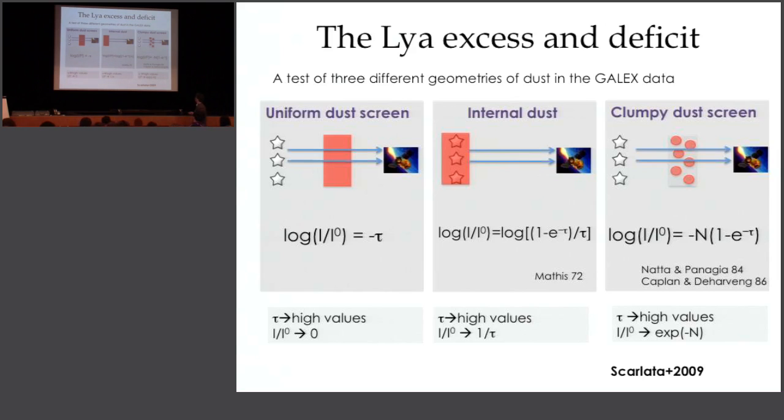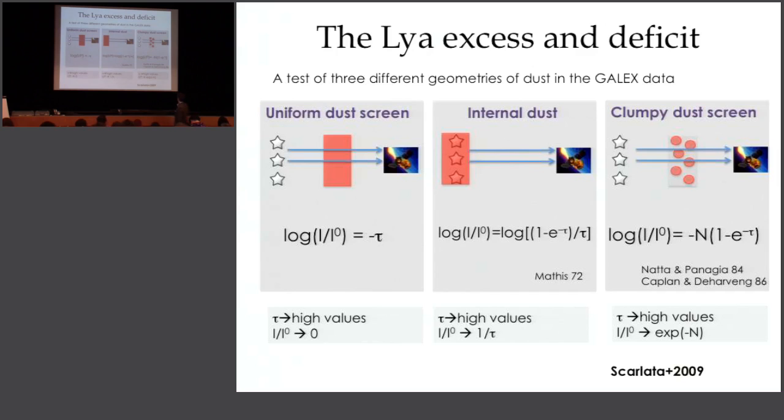And if you mix perfectly the stars and the nebulae, it's Lyman-alpha, but the emitting regions and the dust, you mix everything together perfectly. It's also very simple to solve. You end up with I over I naught going as 1 minus e to the minus tau, all divided by tau, so in the high optical depth limit, this is just going as 1 over the optical depth.